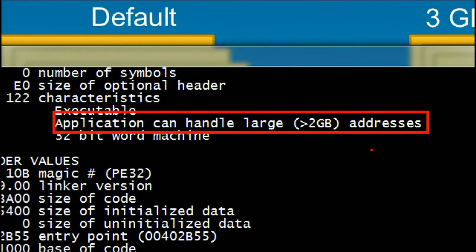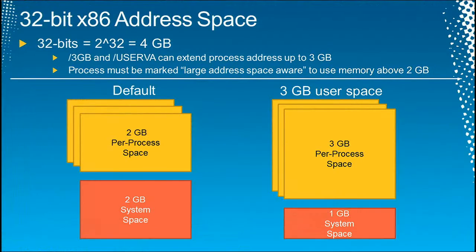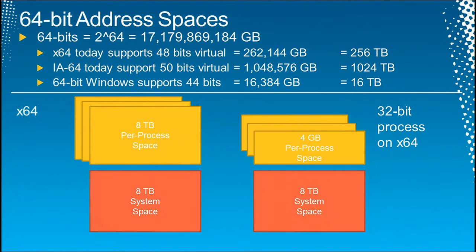So on 32-bit Windows, if you booted /3GB, Testlimit would actually be able to use it. And on 64-bit Windows, as you will see, Testlimit gets the full 4 gigabytes. So any large address space aware app on 64-bit Windows can get just a solid 4 gigabytes, it doesn't need to split that with the system because the system's got its own 8 terabytes down there.